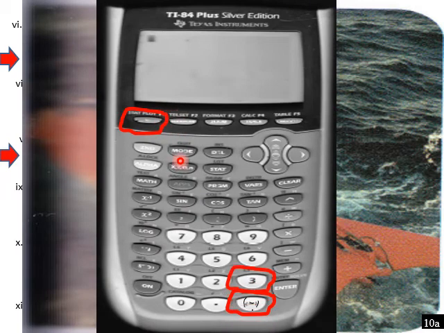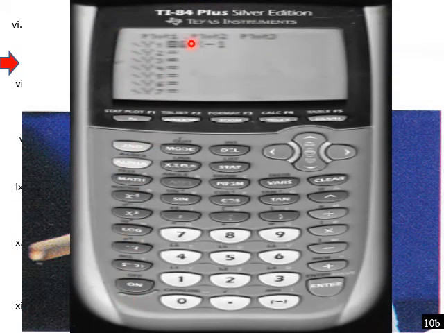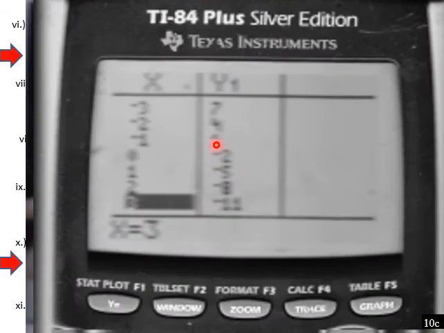Y equals 3x minus 2. So what does that look like here? And then we're going to hit y equals, and I'm going to hit graph. And then table. Here is our table for this. When x equals 3, here's a table to show the values for this equation.